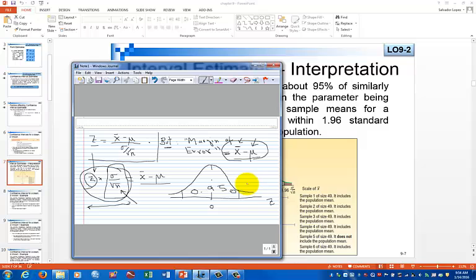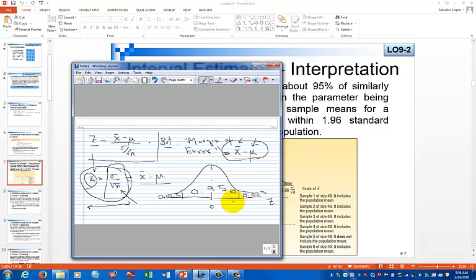That means the remaining 5% will be on the right-hand side, but divided by 2 because there is also a left-hand side. So the 0.05 will be equally distributed on the two tails.